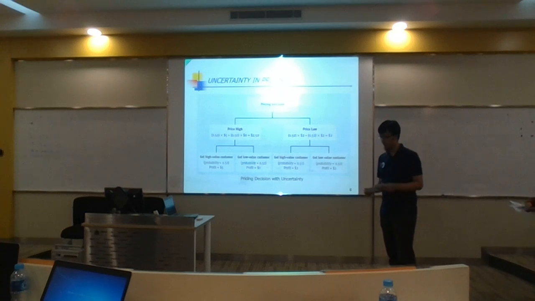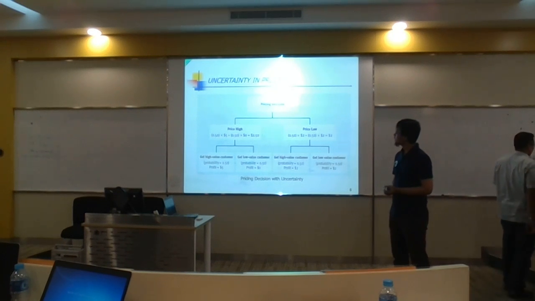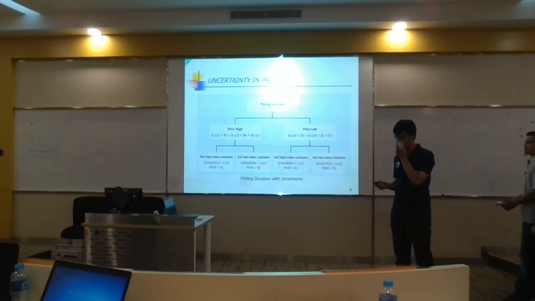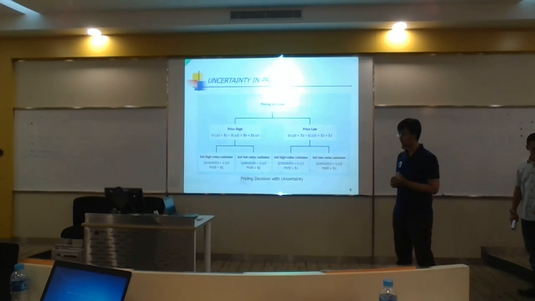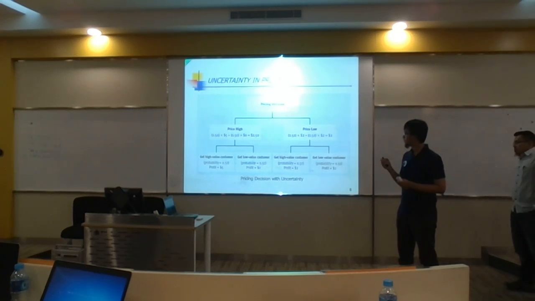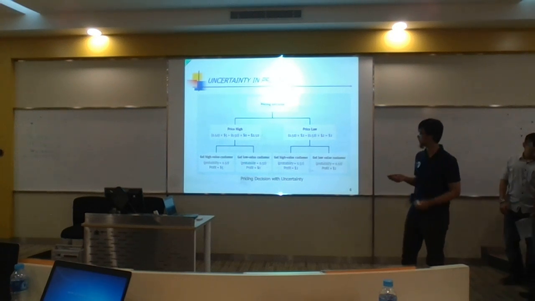Let's see. The next is about pricing, uncertainty in pricing. This kind of uncertainty in pricing happens when you do not know the demand for the product. This is how we set the price the first time. We don't know the demand and how to set the price in the market.